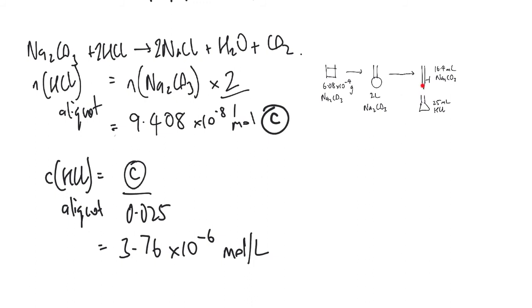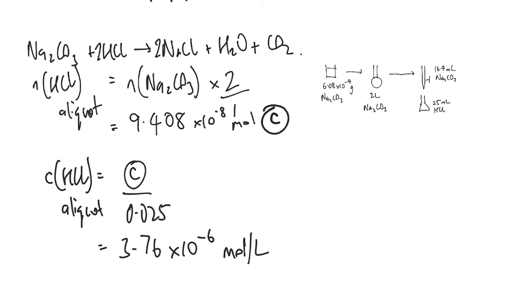Because I started here and have been going this way, I can then work out the concentration via the volume by the end of it. That's how you solve that one.